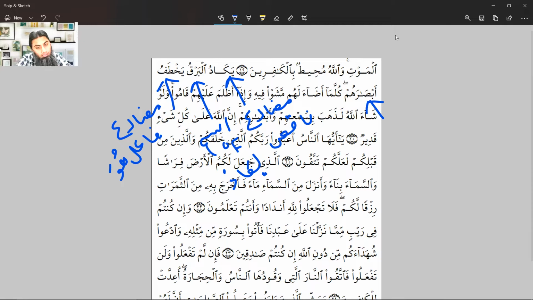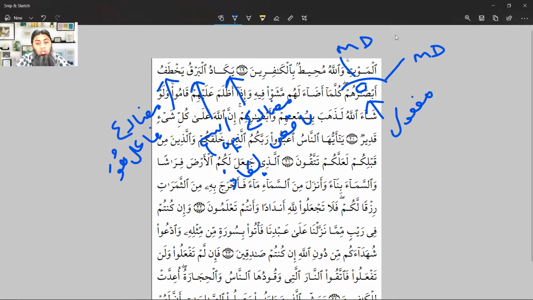Yes, huwa. And absarahum is maf'ul. Excellent. Absarahum is two things: absar is mudaf and hum is the mudaf ilayh, but together they go in the bucket of maf'ul.